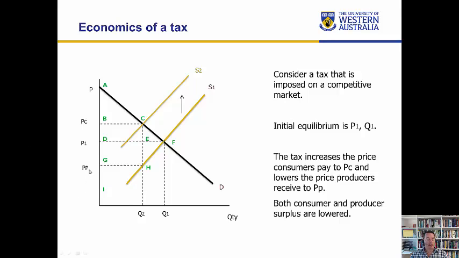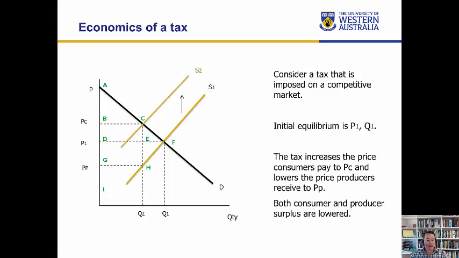So PP is almost the post-tax price for producers, and because we're dealing with a post-tax price, because tax has been sort of taken out of this price of PP, we revert back to the supply curve S1 in determining the producer surplus.